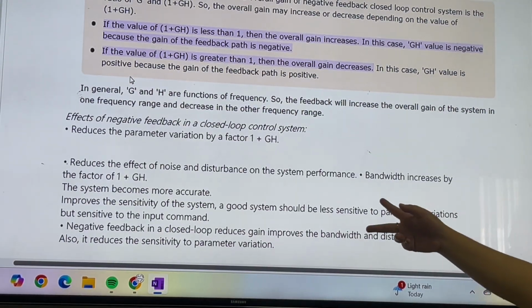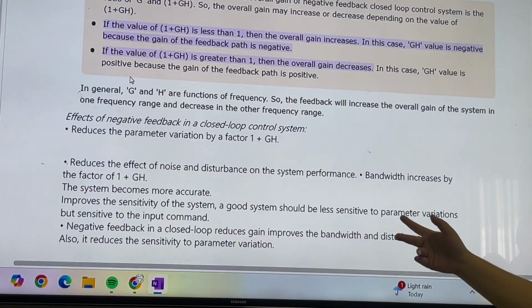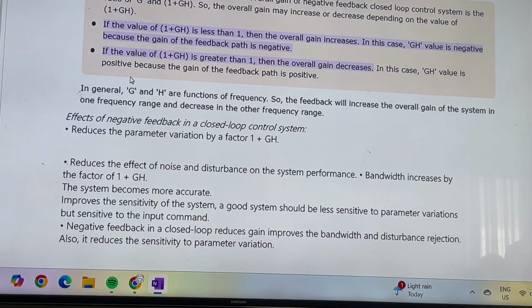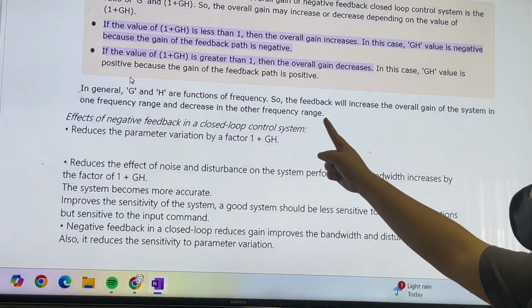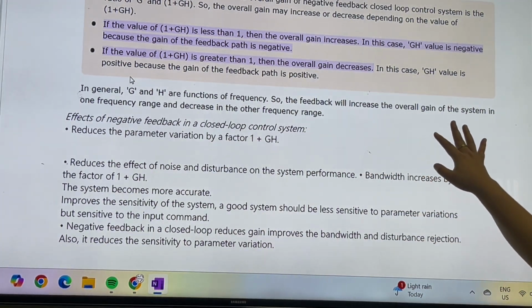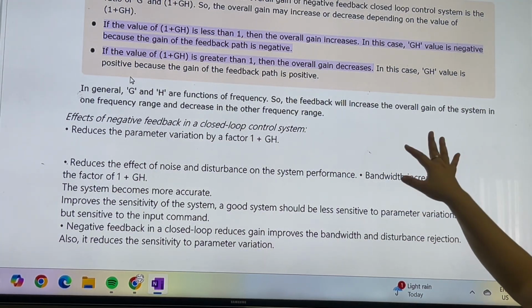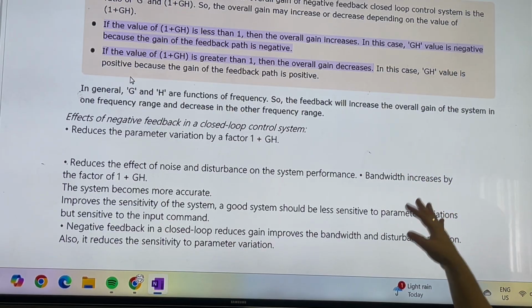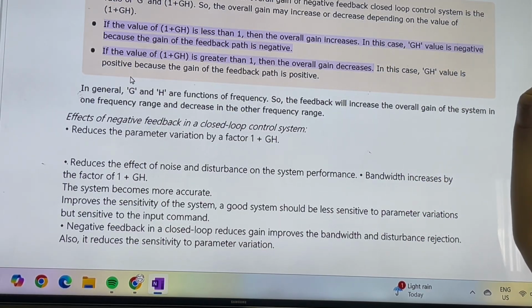Of course, it's correct, because gain is affected by frequency or bandwidth. Of course, ang kanang transfer function, when it is in terms of S, pwede man siya may gain. So, both, the feedback will increase the overall gain of the system in one frequency range and decrease in the other frequency range. Mag-depende sa ato ang denominator.